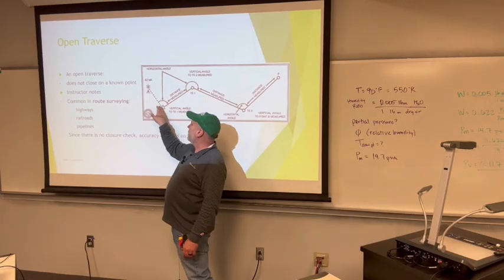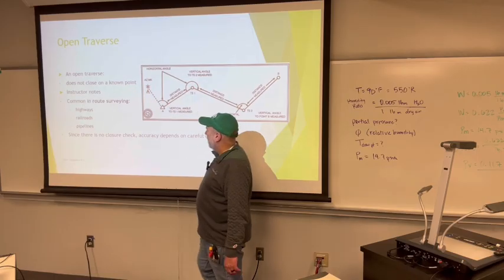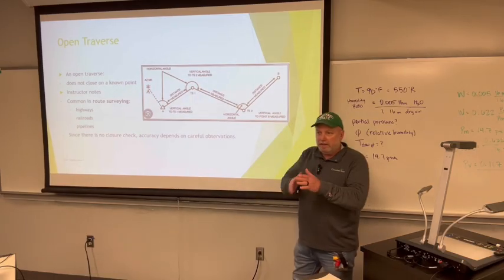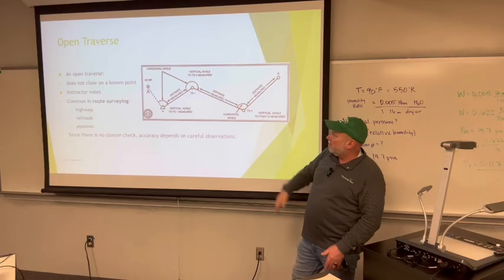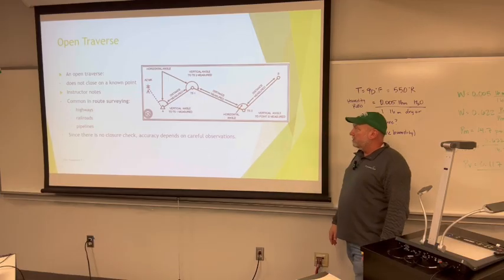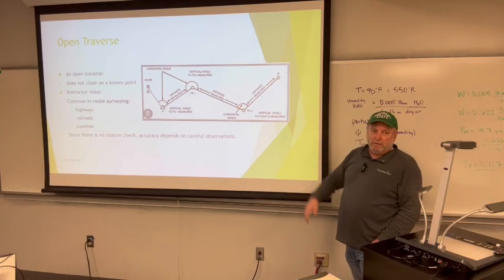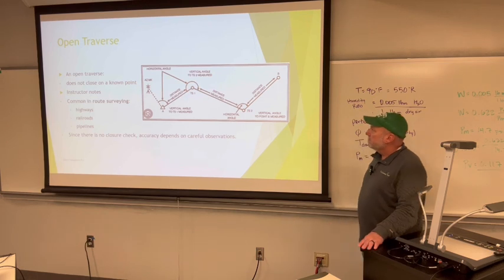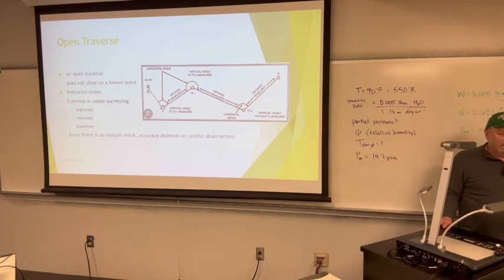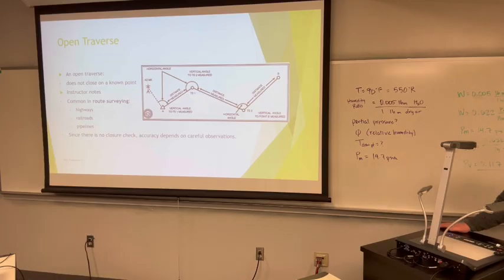You start at a known point, hopefully maybe have an azimuth marker or something to backsight your reference, and you start measuring, recording angles and distances down the road. I don't want to say they're god awful and terrible and avoid them at all costs, but they're not commonly used because of lack of check.